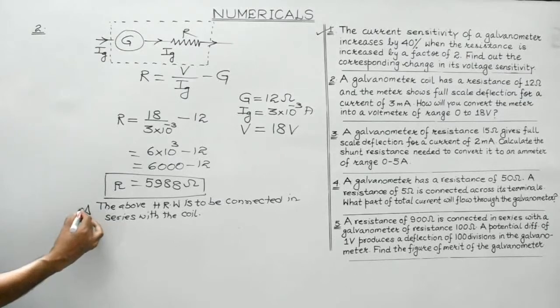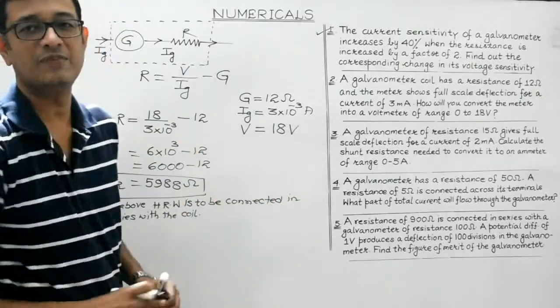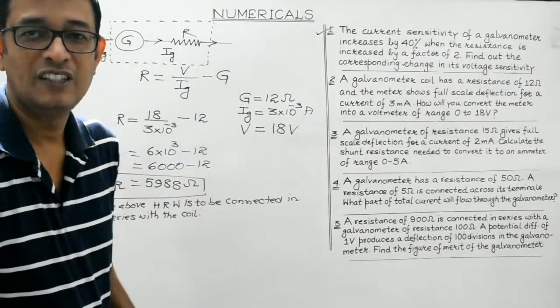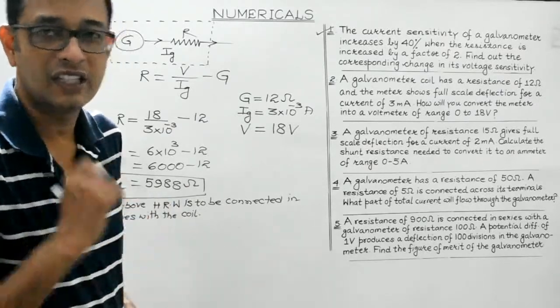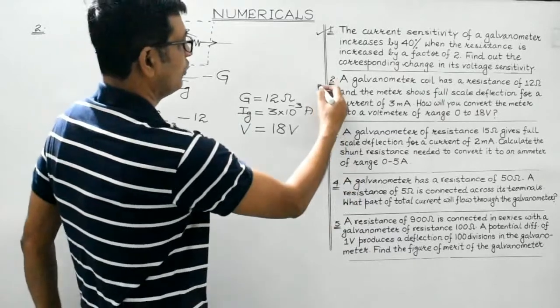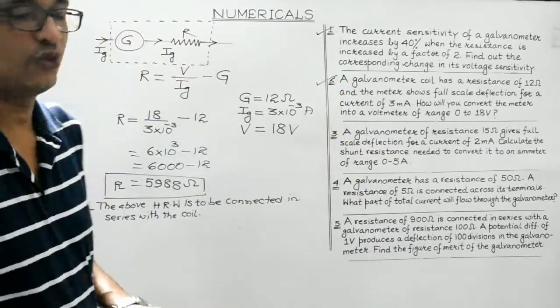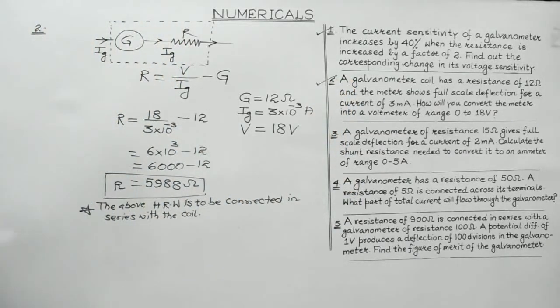This is absolutely mandatory to write this theoretical statement. Clear, students? So this is how the galvanometer may be converted into a voltmeter of a given range. So we are over with question number 2 as well. Let's proceed to question number 3.